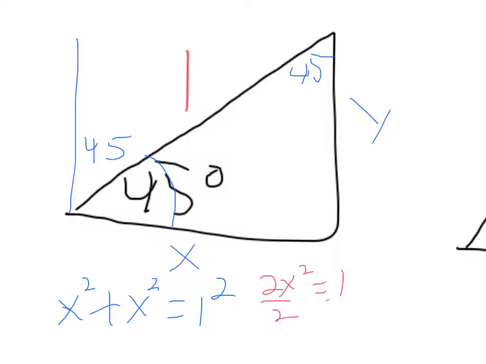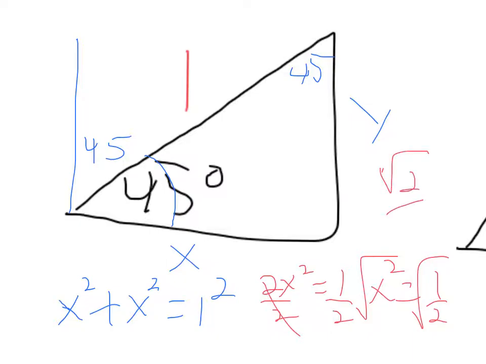Divide by 2 on both sides, I'm going to get x squared equals 1/2. And then I can take the square root of both values. The square root of 1 over 2 is, if you rearrange it, the square root of 2 over 2. Okay. That means that the x and y value at the 45-degree angle is square root of 2 over 2.